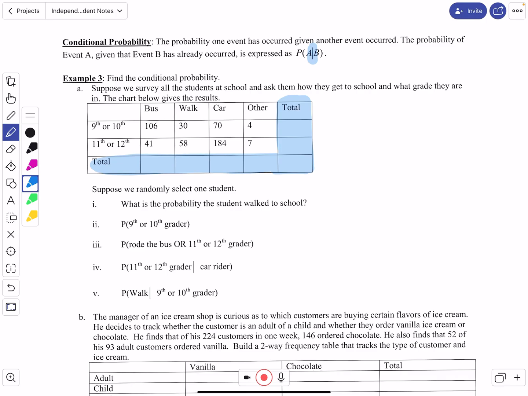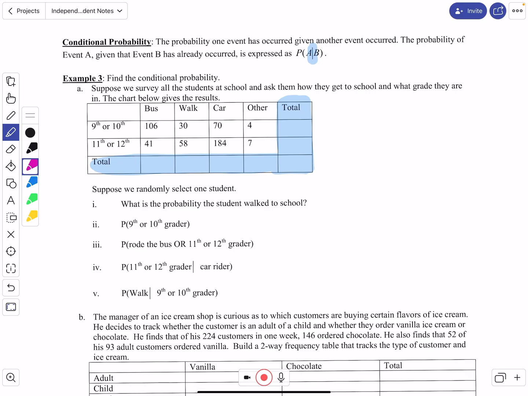You're not going to see that total column on any kind of test. I have provided them for our notes to make it easier, but you have to have totals to calculate conditional probability. So let's go ahead and fill in our total columns.